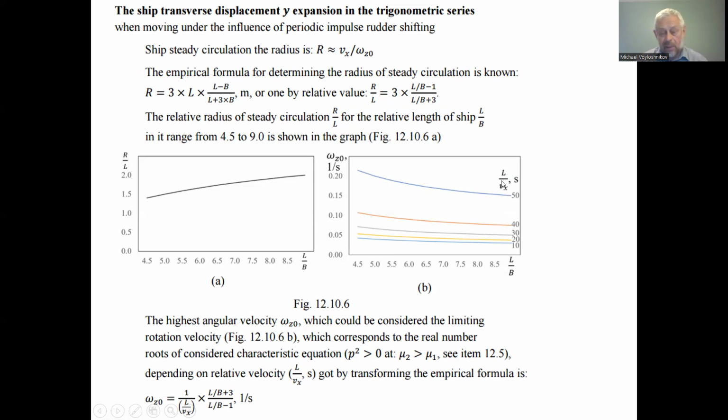The parameter is the length divided by the velocity of the ship. So for how long does the ship go its length?